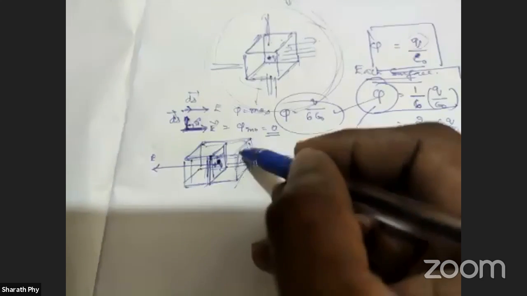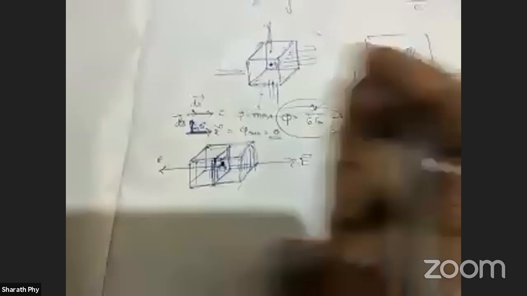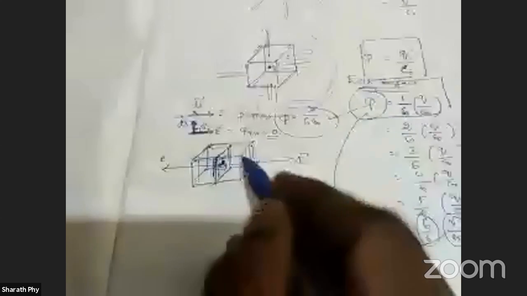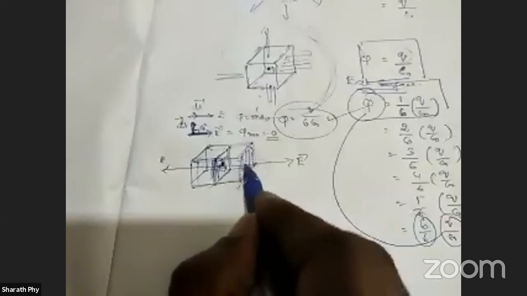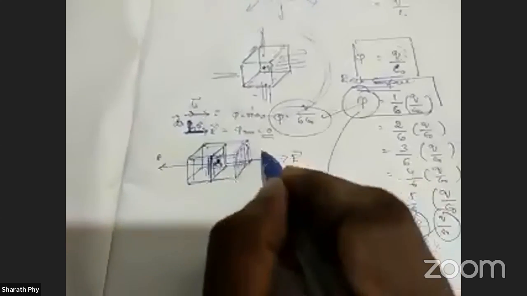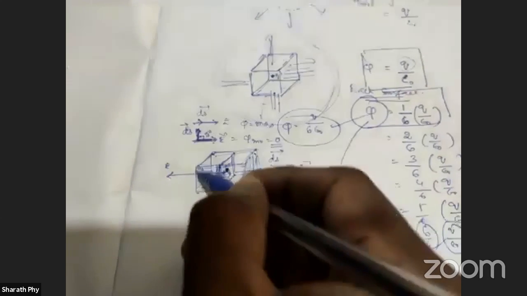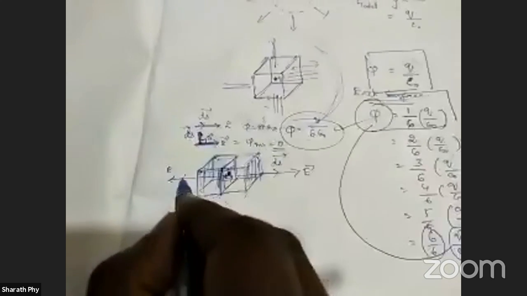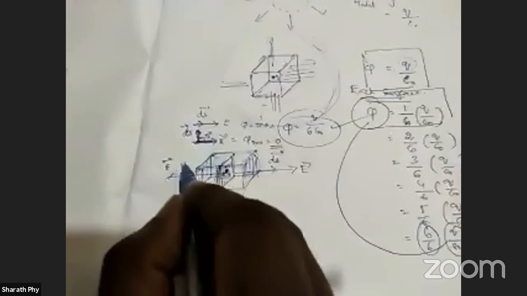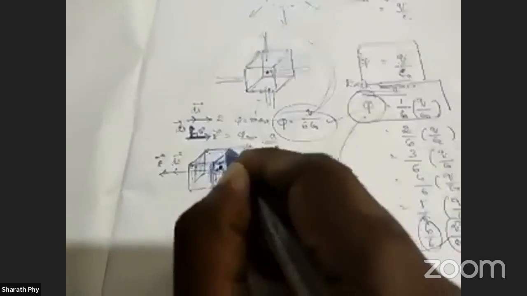This surface is going outside like this. If you draw the normal for this surface, the surface vector is also in this direction. Here, the surface is also going out normally. So E bar and ds bar are in the same direction, right? Let us see this surface.